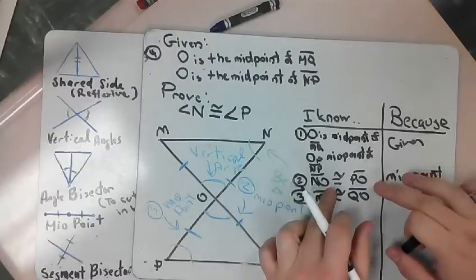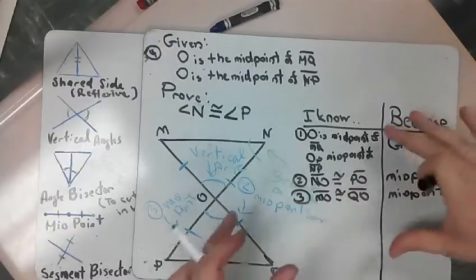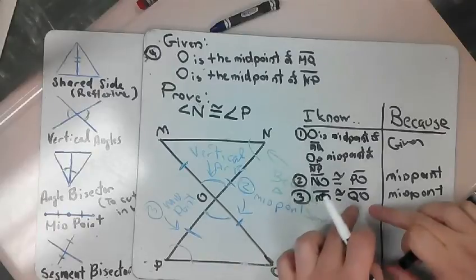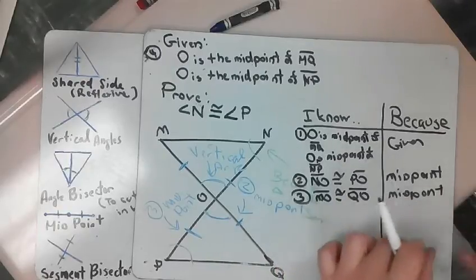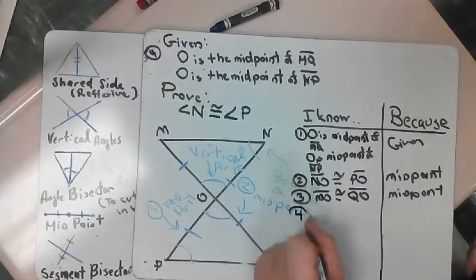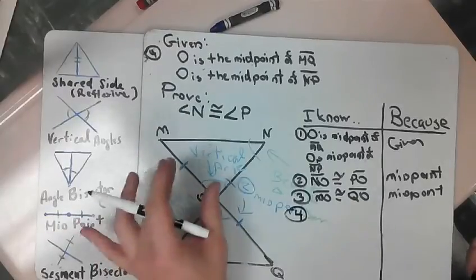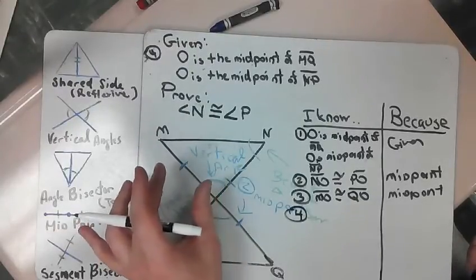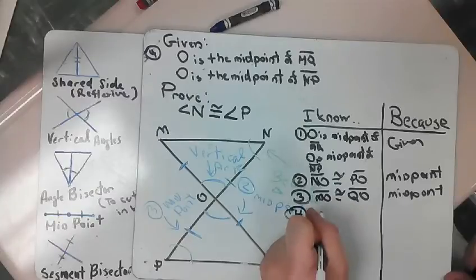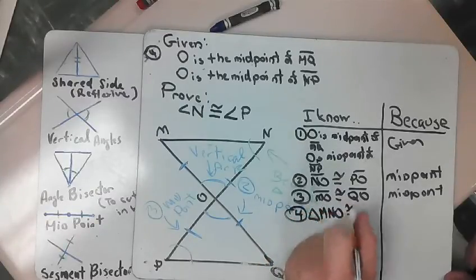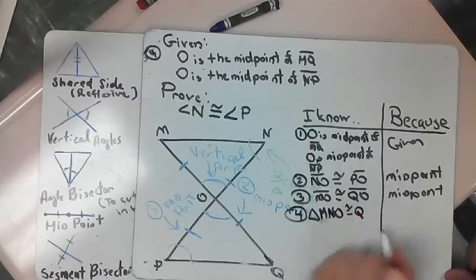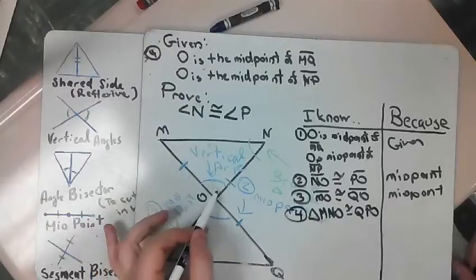You can say NO is congruent to PO and MO is congruent to QO, both because of their midpoint. Number 4, we said that was evidence enough to prove that these triangles are congruent. So triangle MNO is congruent to QPO, and that's because of side, angle, side.